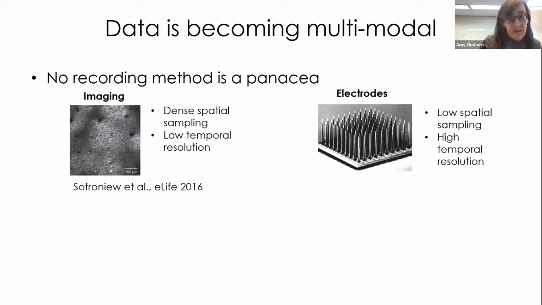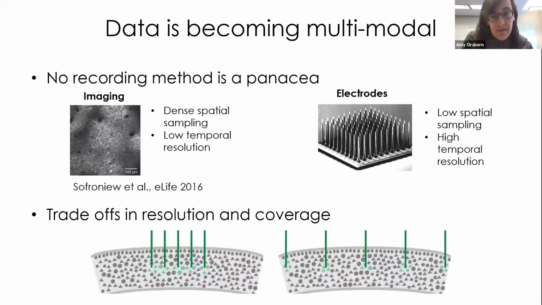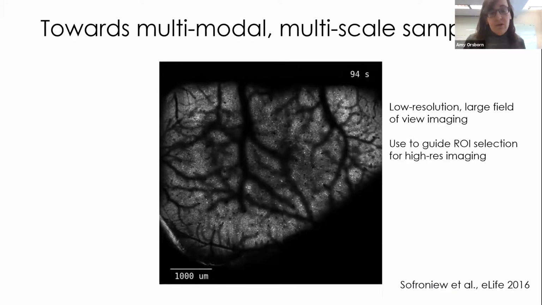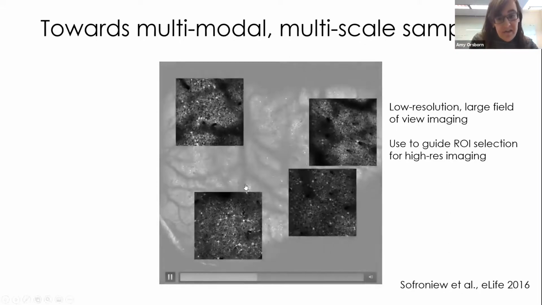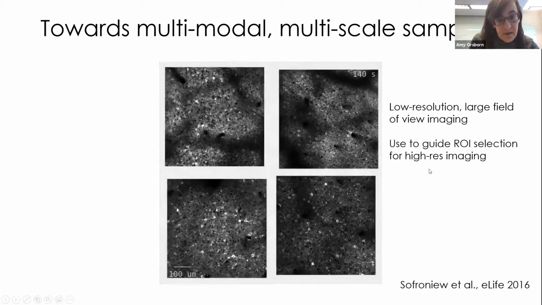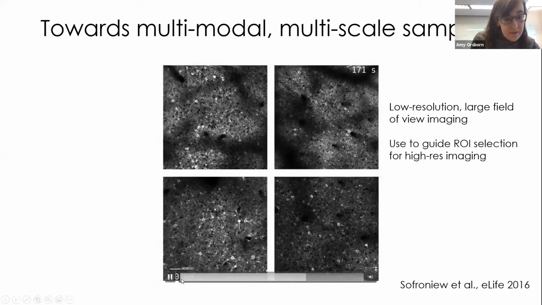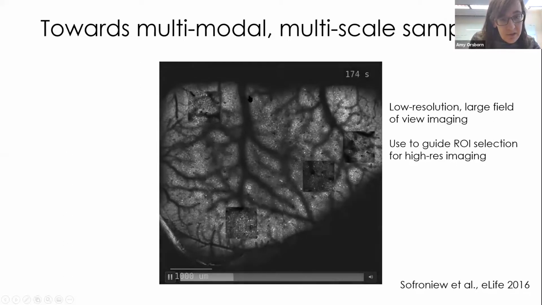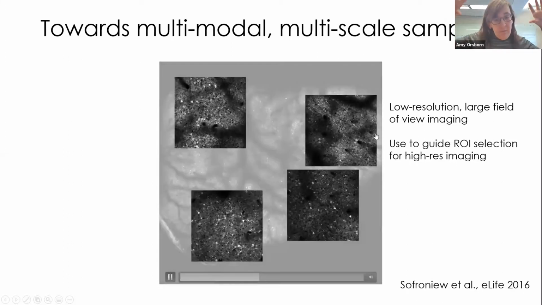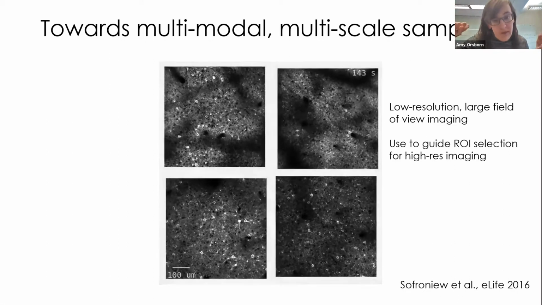And that's led a lot of people to think about multimodal approaches and multi-scale sampling. This video is one example of that. It's an approach called a mesoscope, but these videos play a little fast for trying to explain them. What you see here is a low resolution image of the whole hemisphere of a mouse brain.